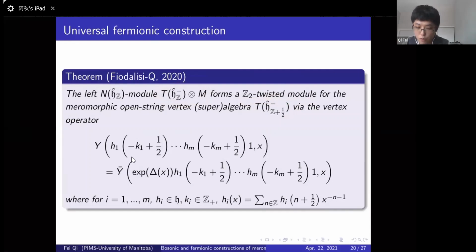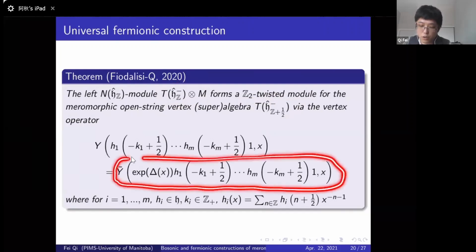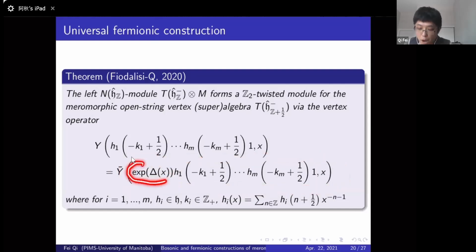The vertex operator now is going to be, we first use the naive vertex operator, but then we have to correct the elements inside by the exponential of delta x. That way, that is the correct vertex operator we should use in this fermionic construction. Okay, and here hi of x was defined in the way we just mentioned in the previous part.